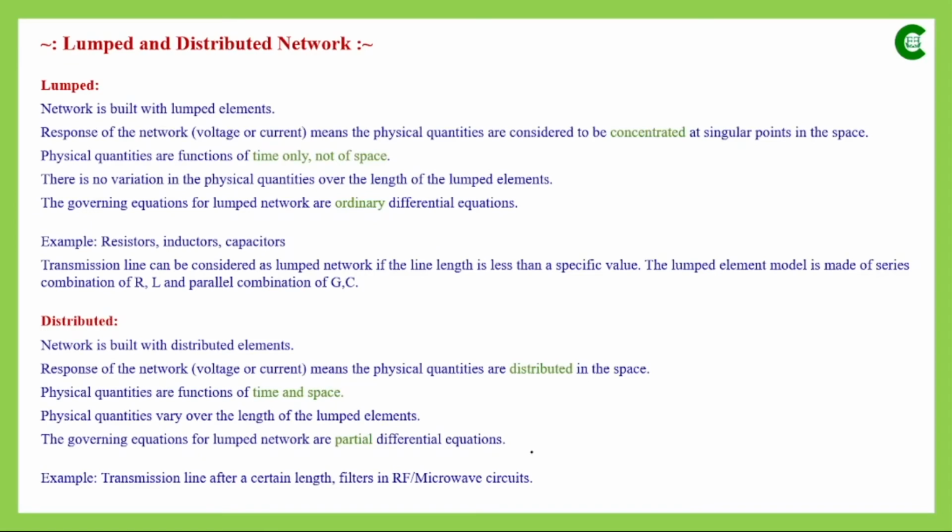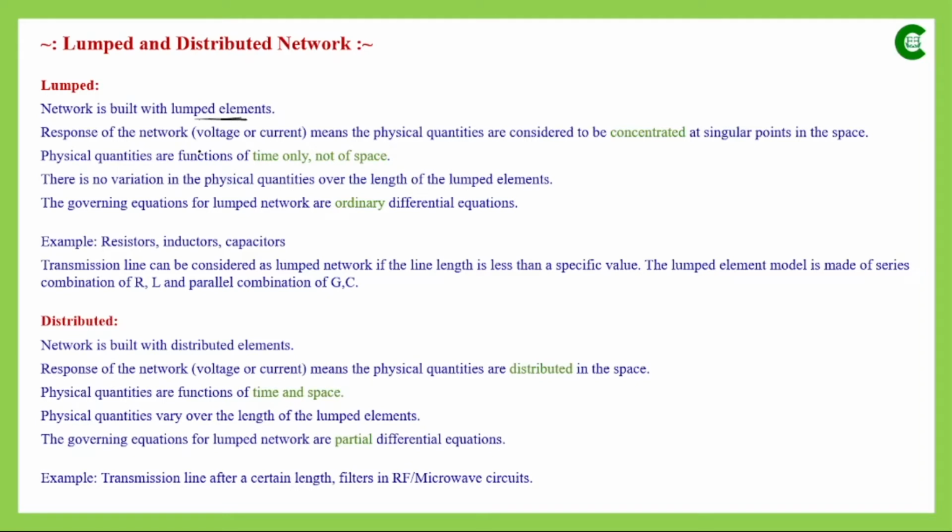Now there is another type of classification, based on which we classify a network into two classes: lumped network and distributed network. In case of a lumped network, the network is built with lumped elements. Now we have to see what a lumped element is.